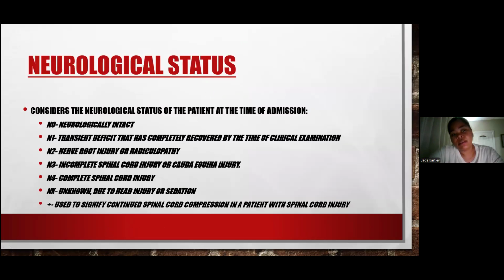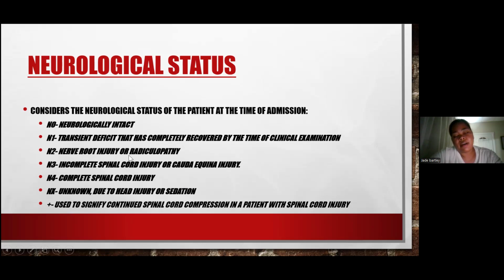Neurological status was also considered and included in this thoracolumbar injury classification, and it ranges from N0 to N4. So N0 is a neurologically intact patient. N1 is a patient who has a transient deficit, but it usually recovers by the time you have completed your exam.